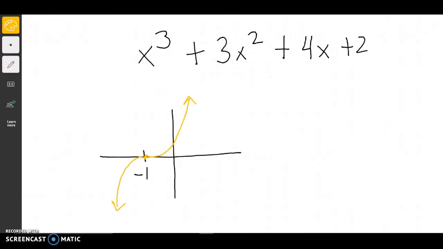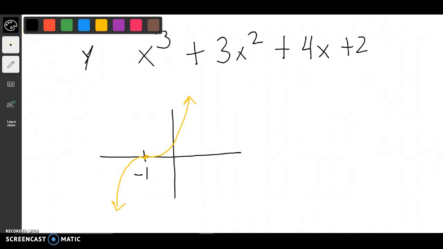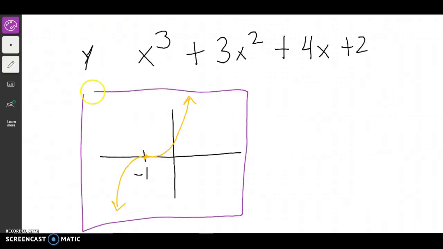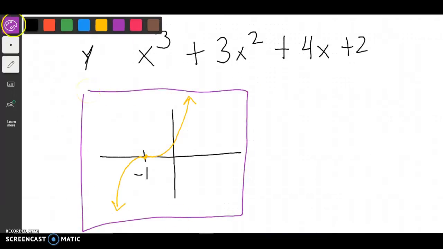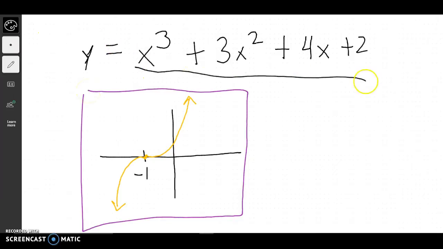The last thing that we'd like to be able to do is, given a graph that's not in factored form, put it into factored form if we can see the graph. This is the graph over here on the right, and this is my function.